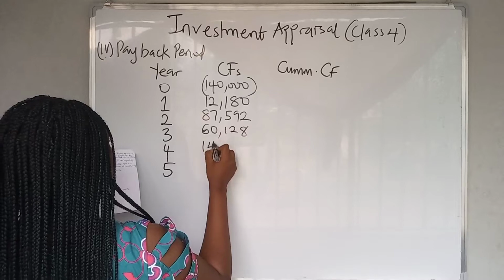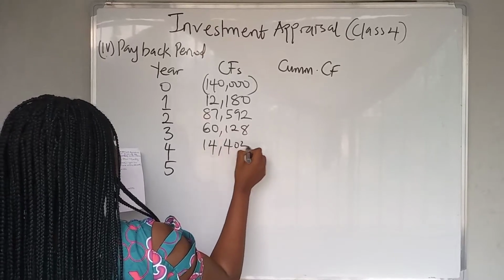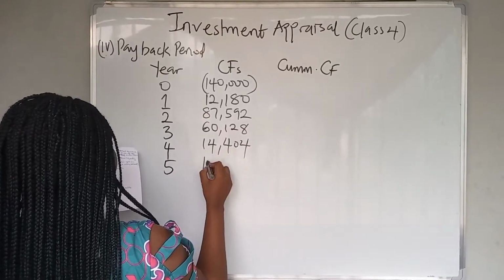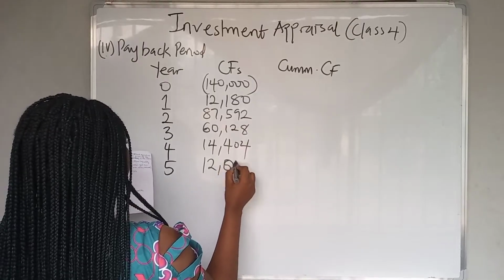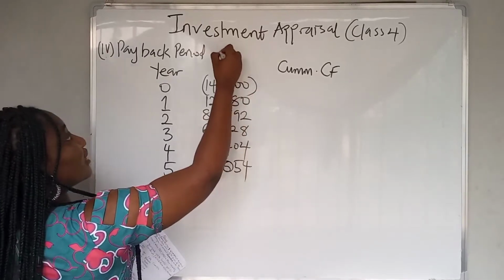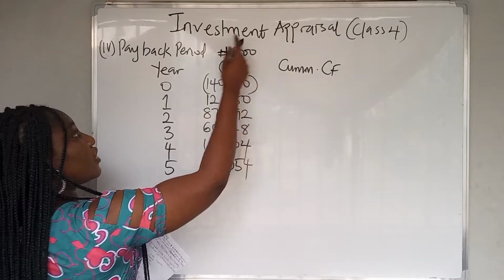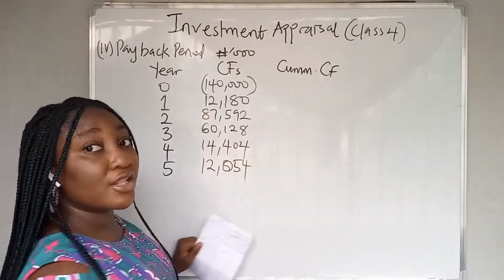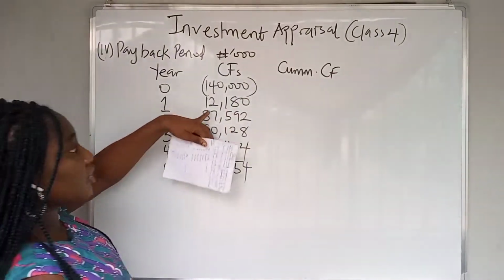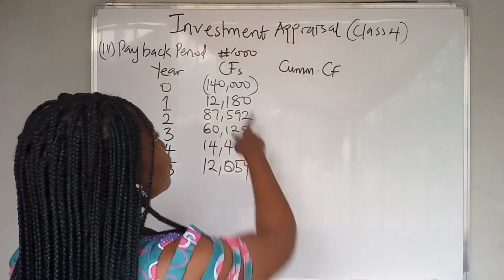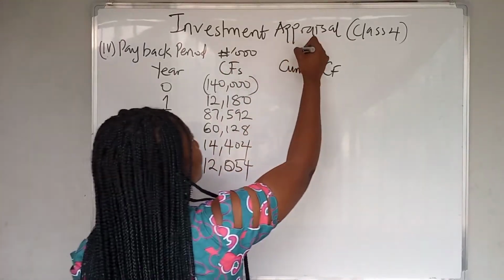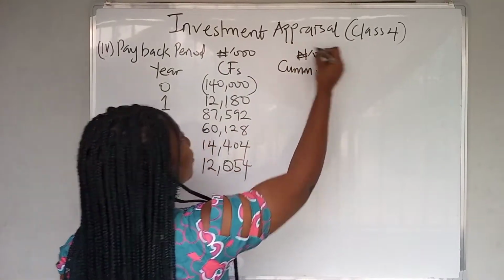Year 4, 14,404. Year 5, 12,054. And don't forget that all these cash flows, they have thousands on top, so it means they are in millions. You understand? It means this is 12,180,000. So just put your abbreviated whatever on top.